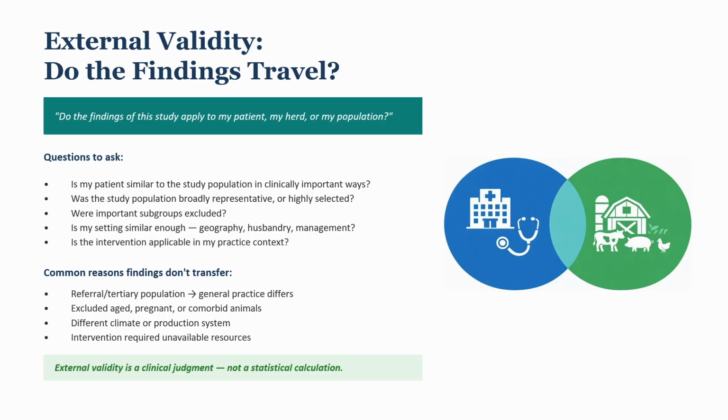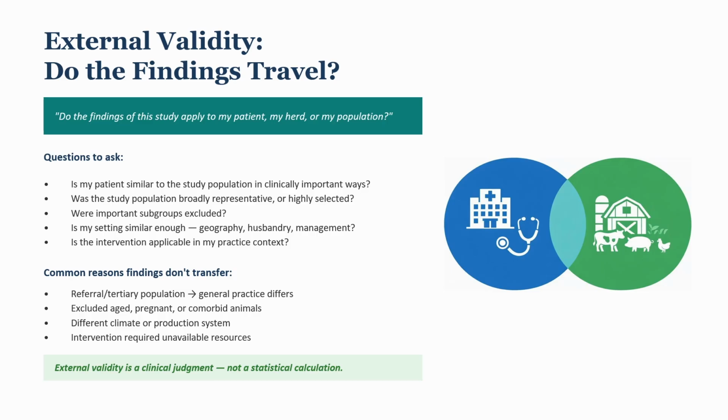The study excluded animals with comorbidities, but your patient has 3 concurrent conditions that were all exclusion criteria. The study was conducted in a specific geographic region with a particular pathogen environment that doesn't match yours. The intervention required a level of monitoring or specialist access that isn't available in your setting.